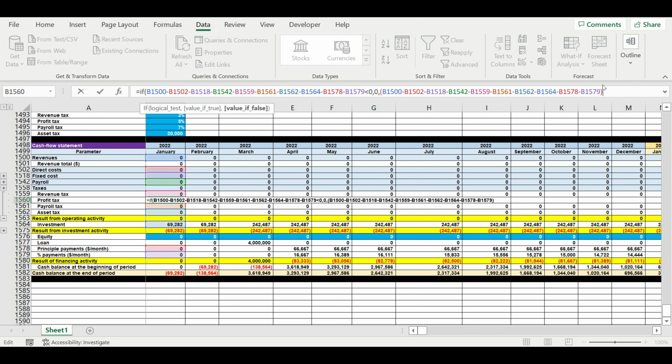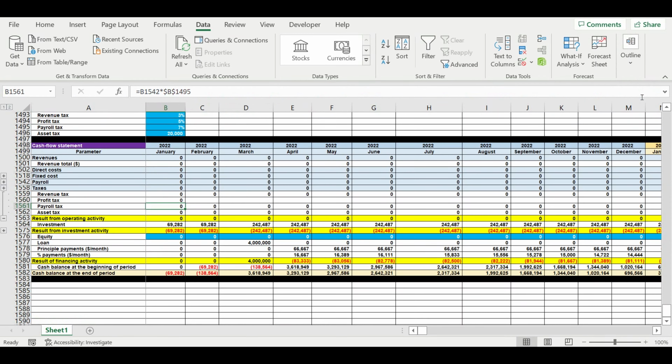If it is positive, we will multiply all this story on the tax rate, like this. So if this more than 0, then we put 0. Otherwise we do like this, closing brackets, press enter.